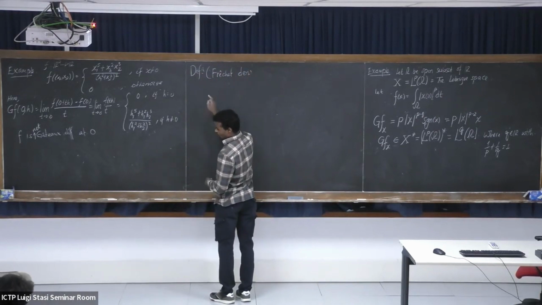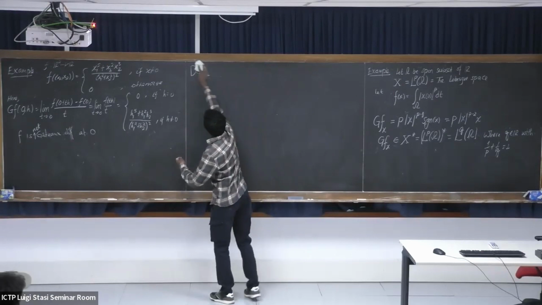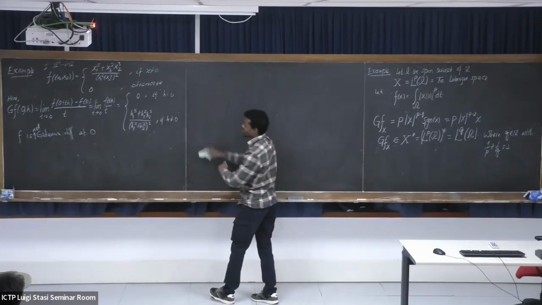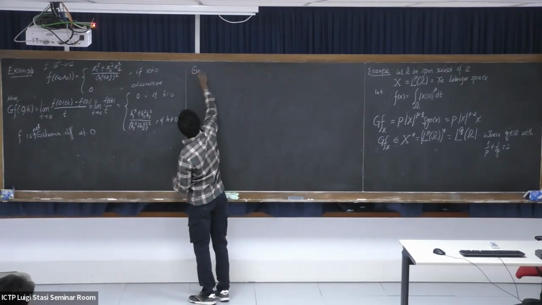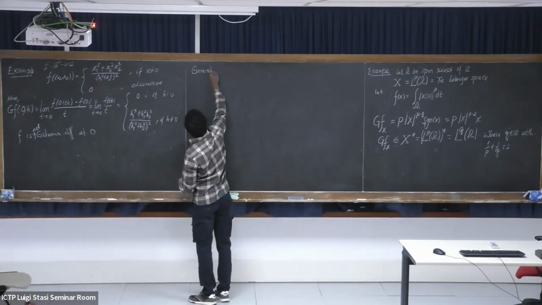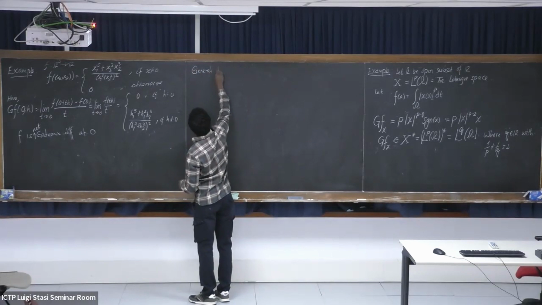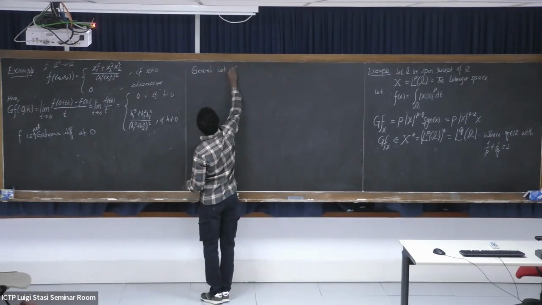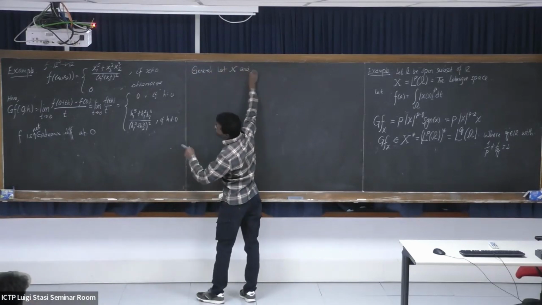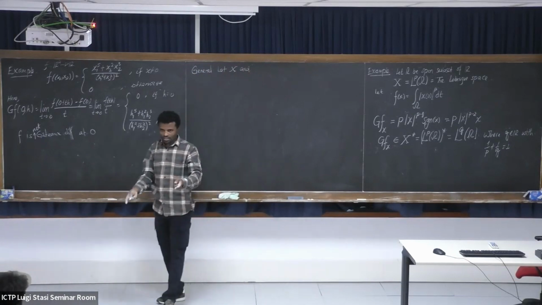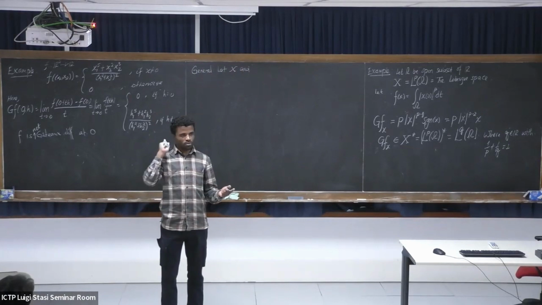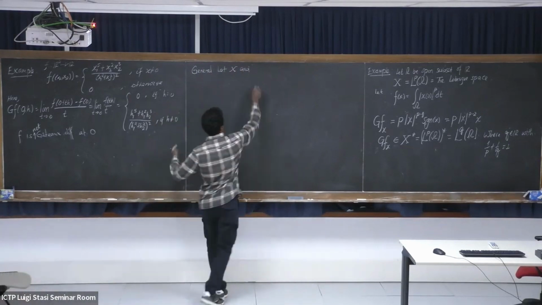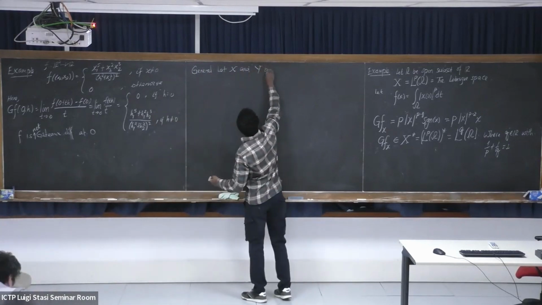Actually, let me state the general case of this. The image should not always be real. You can have Gateaux differentiability for a mapping from a normed space to a normed space.